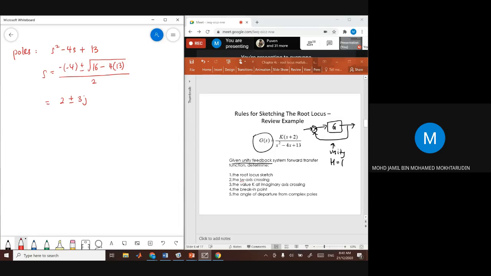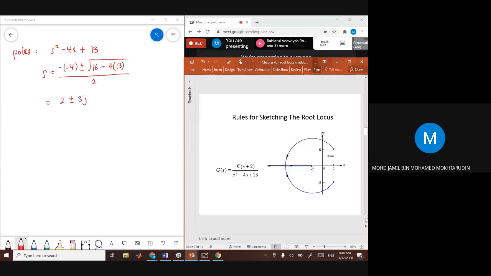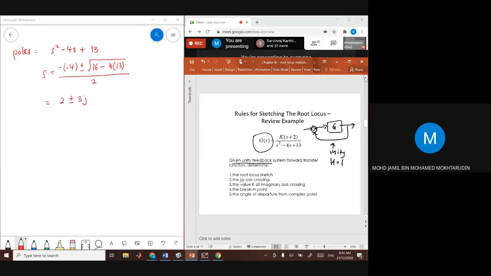Okay, so you get 2 plus minus 3j. Betul tak? Okay, and then you need to find the zero. So the zero is s equals minus 2. For poles, you need to use the denominator, and for zeros, you need to use the numerator.